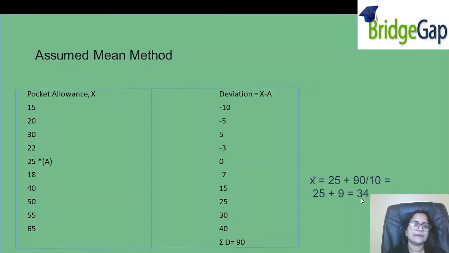I've taken different numbers here, but whichever method you use, the answer should be the same. If you are not able to use the direct method, then you have to use the assumed mean or the standard deviation method. It could also be mentioned in the question that you have to use a particular method. That is a different thing then.